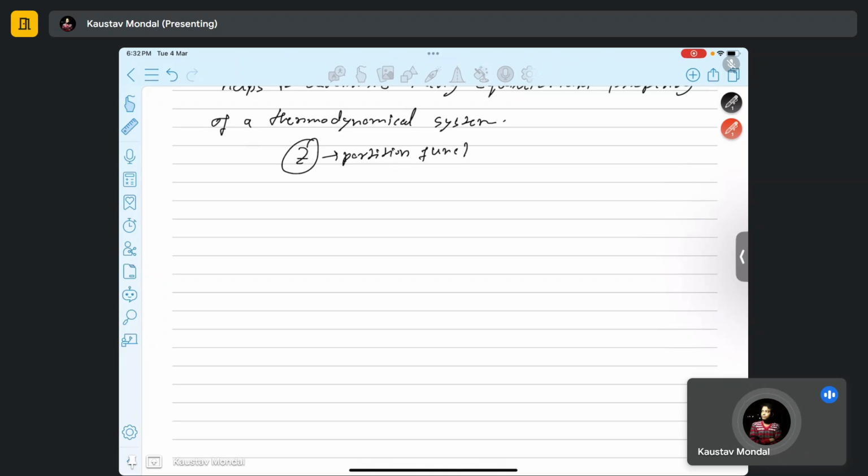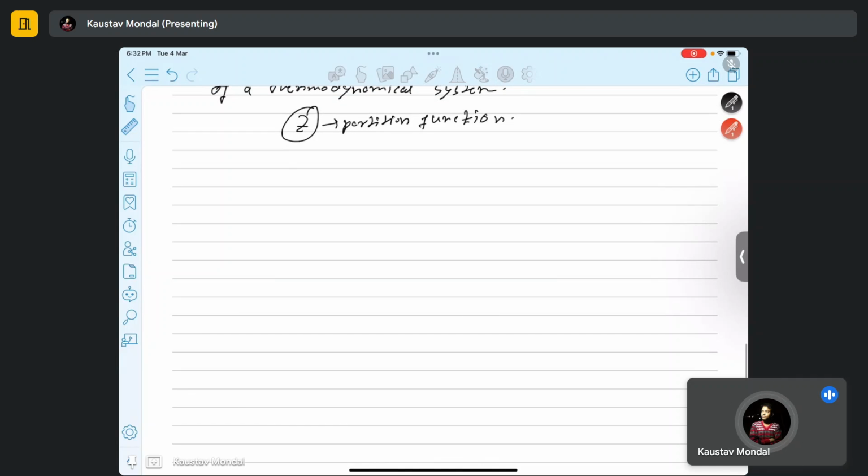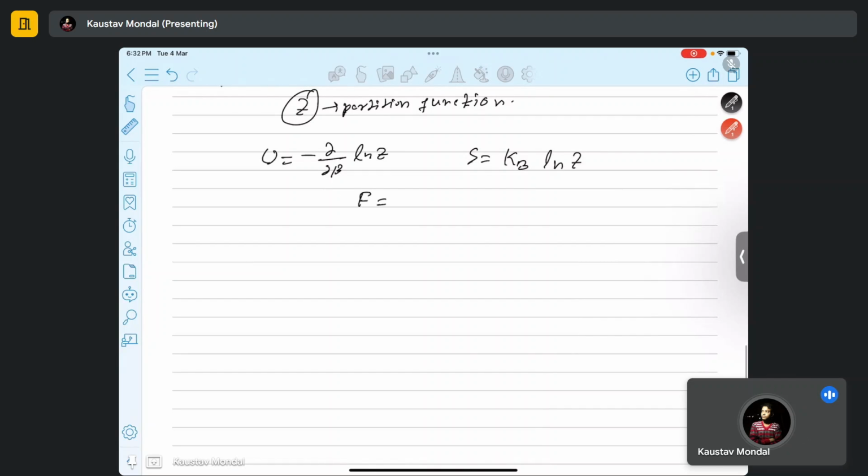Like if you know the Z, which means the partition function of a system, usually we denote it by Z, then from Z you can easily calculate the internal energy, entropy, that is kB ln Z, or free energy, kBT ln Z. All these things you can calculate for a canonical system.